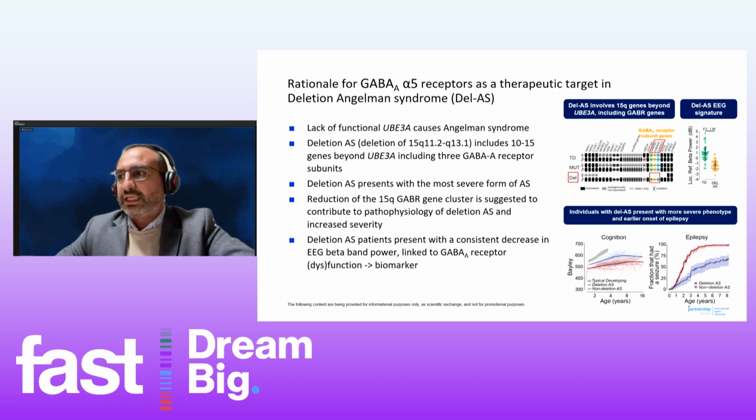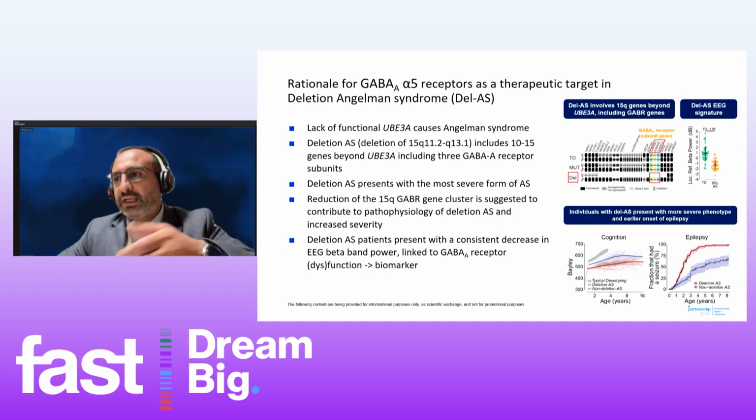This is presented in the natural history study data in Angelman syndrome, and it is clear that deletion Angelman syndrome patients present with a more impaired clinical phenotype. If you look at the graph at the bottom right, we can see this more clearly from the Bayley data measuring cognition. You can see that deletion Angelman syndrome patients have more severely impacted cognition.